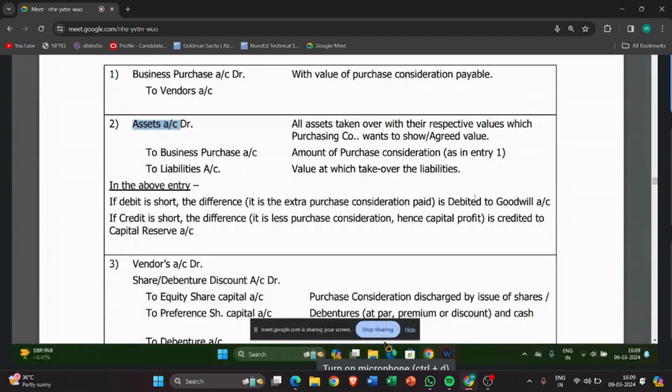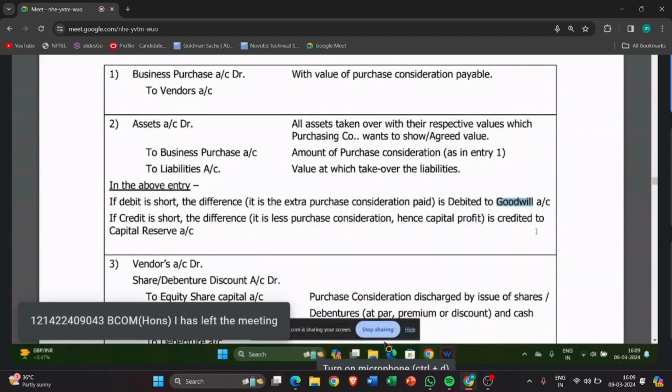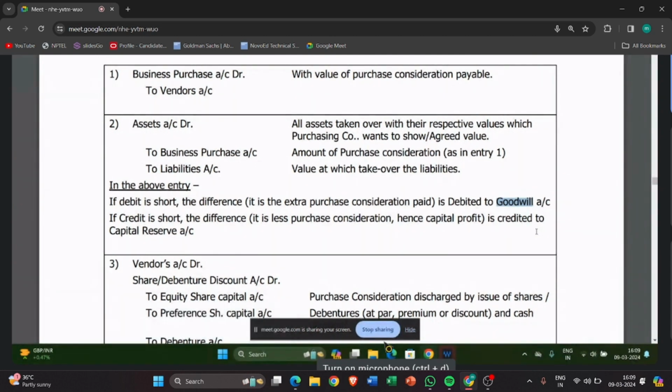It is because of goodwill, because yours is a reputed business and I have taken over your business by paying you something more, an amount greater than the actual net assets of yours. So when the transferee company pays more, when the purchase consideration is greater than the net assets, then the amount is called goodwill.